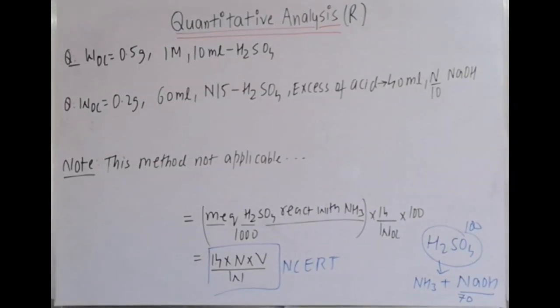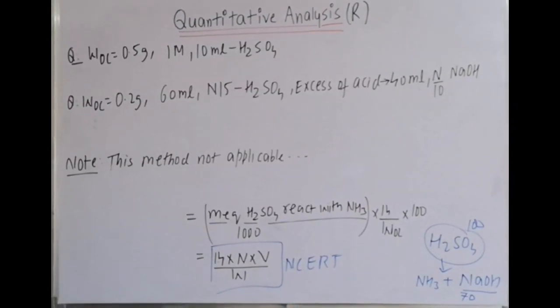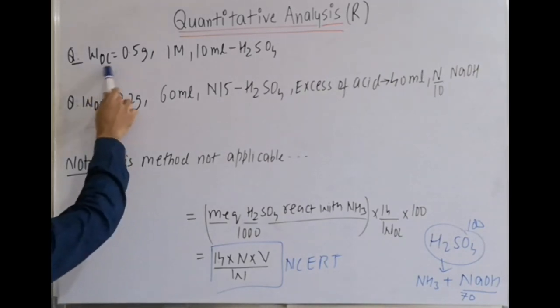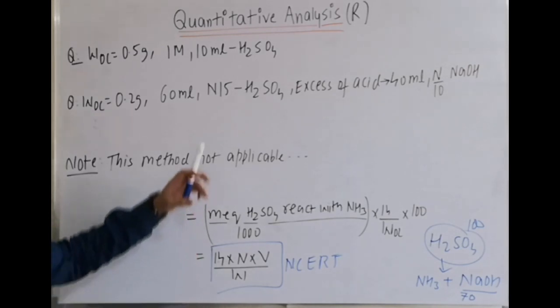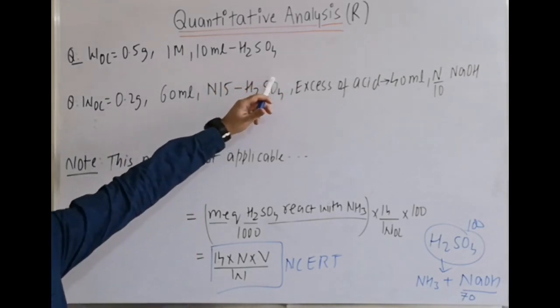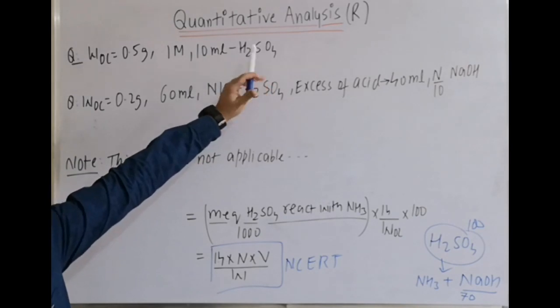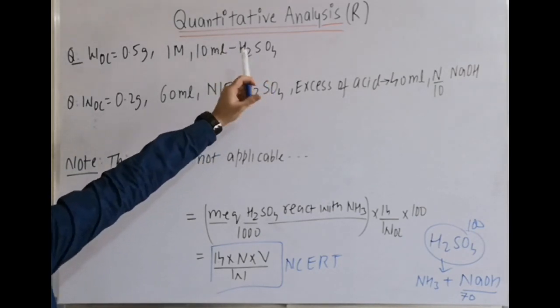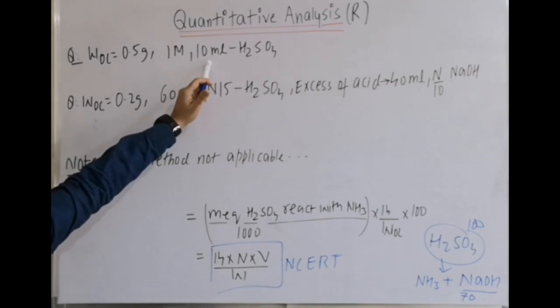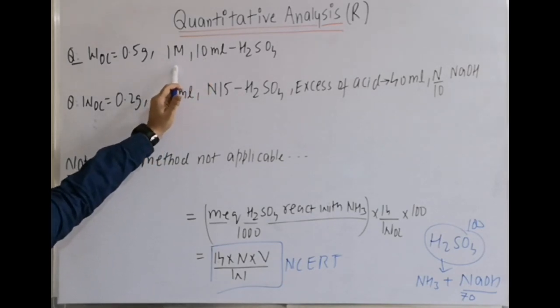Now next is a numerical on the Kjeldahl method. In this case, the weight of the organic compound is given, which is 0.5 grams, and the ammonia evolved is treated with H2SO4, and how much H2SO4 is given, that is 10 ml of H2SO4, which is 1 molar.